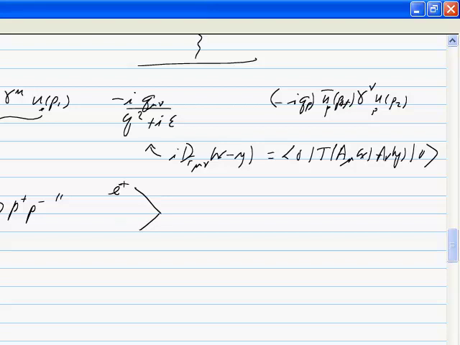Electron e minus of p1, e plus of p2. The Feynman diagram is going to be this guy, proton of p3, antiproton of p4.